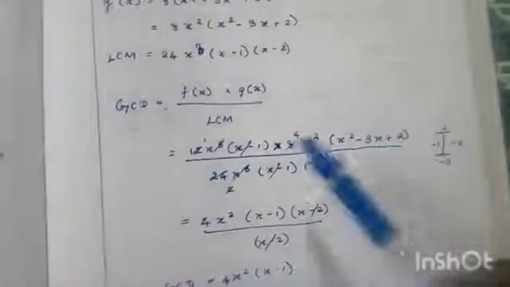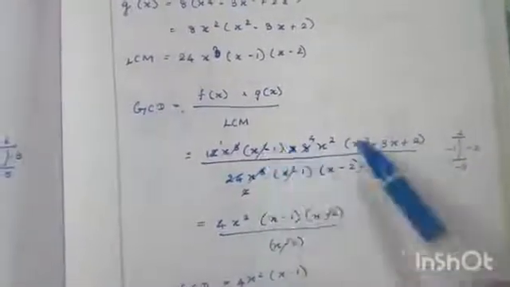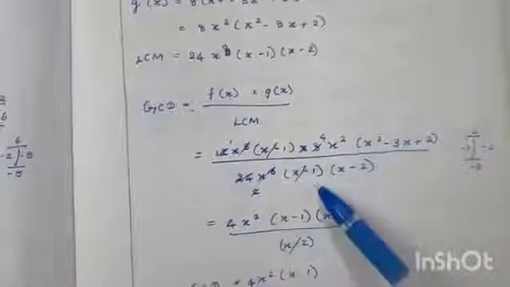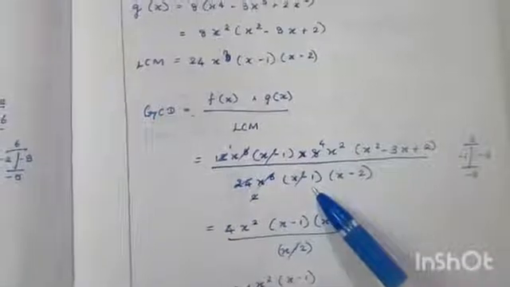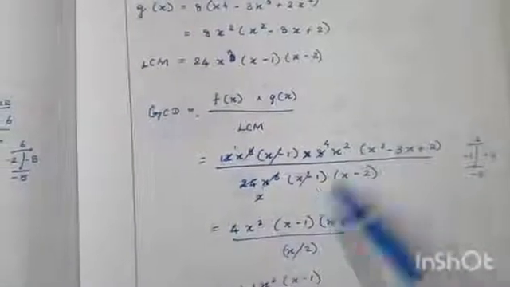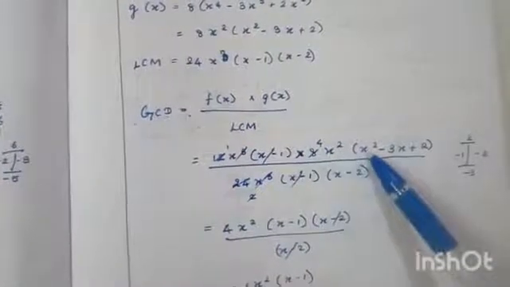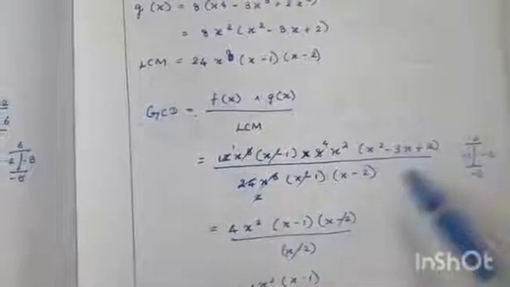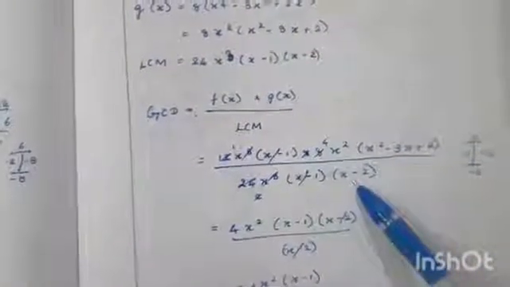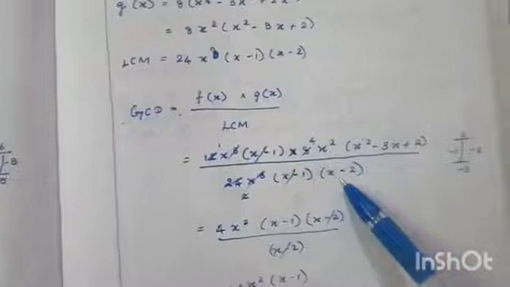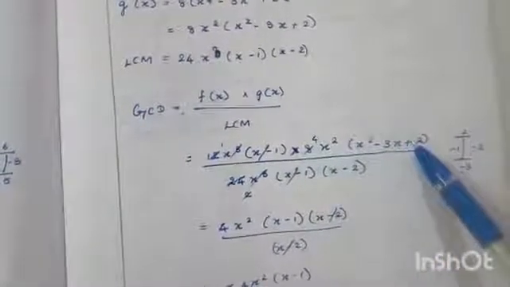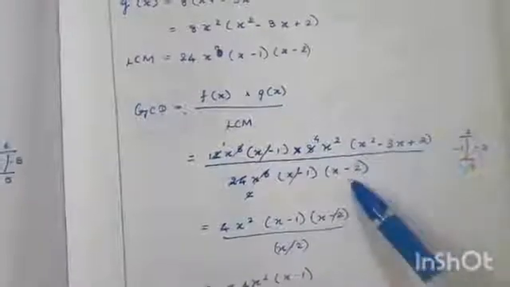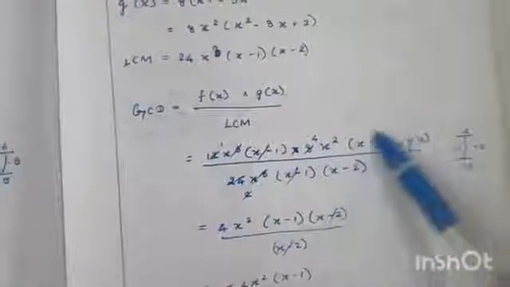Once again, listen students. First you have to write f of x and g of x by LCM. What are the things that cancel? All of them you have to cancel. Then after cancelling what do you have? 4x square into x square minus 3x plus 2 by x minus 2. Here it is a quadratic expression.